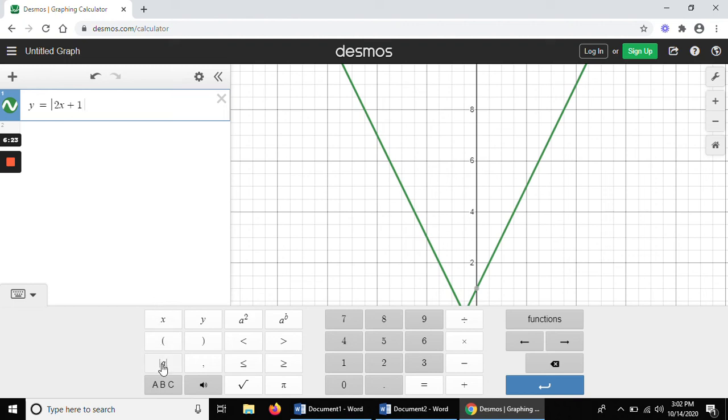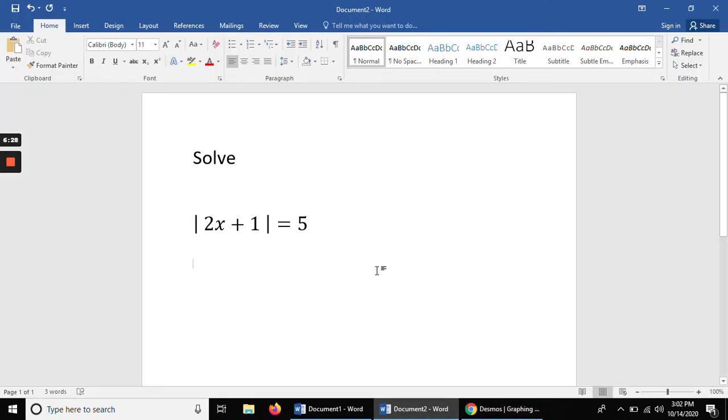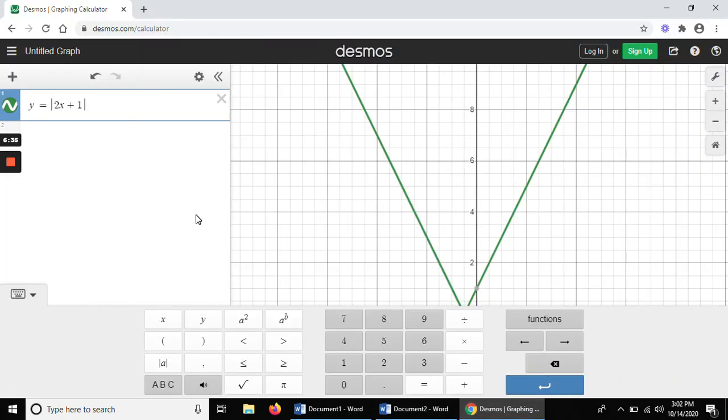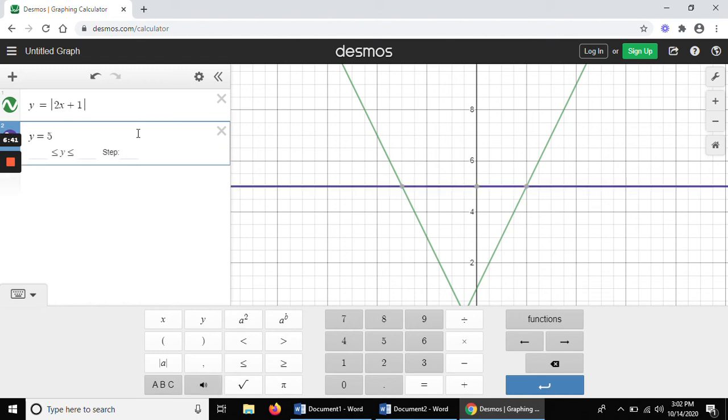Go back to my button right here, close it, and I'm going to write the other side of my equation equal to y. So that will be y is equal to 5. Okay.